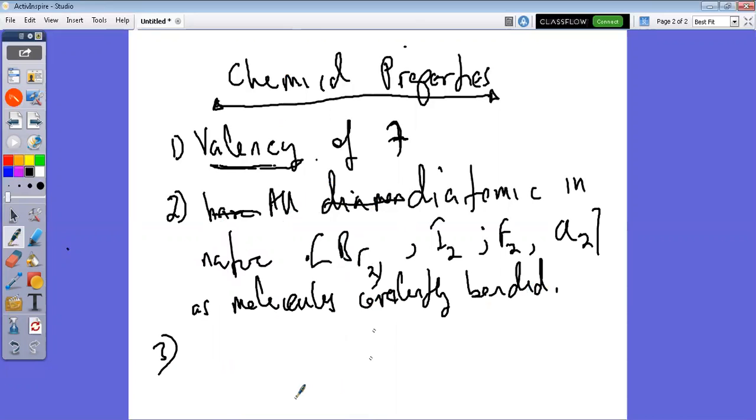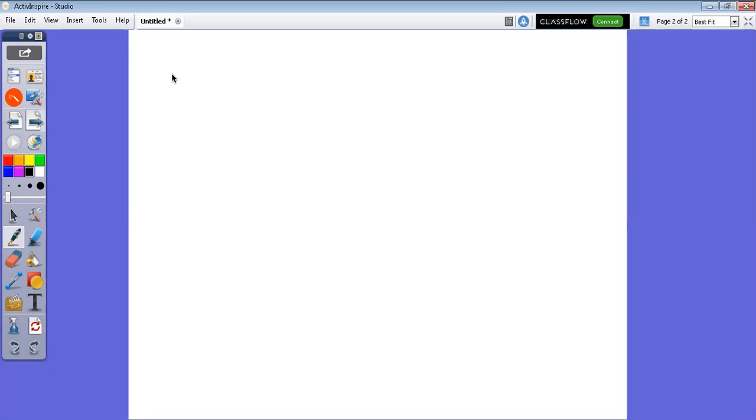Before they react, we said they've got a valency of 7. Now, the other thing which is more important in the chemistry of these groups is the reactions. If you're talking chemical properties, then you have to consider the reactions of group 7.